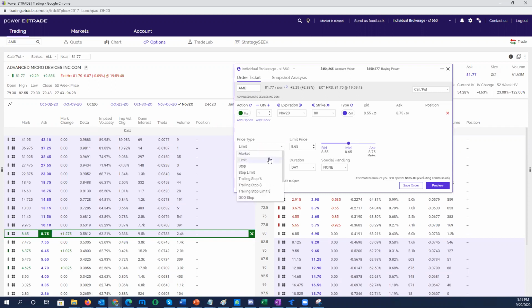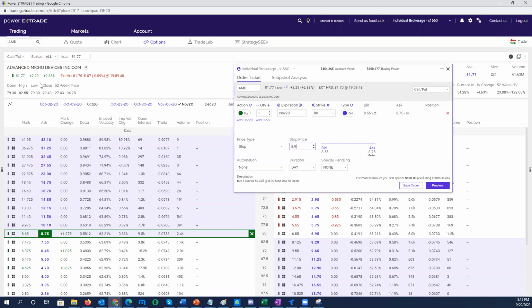Then suppose I know it's 81.7, and I'm expecting AMD is going to open at 82 or 83, and I want to buy this option at any cost. So the moment it opens, I can say stop, then I just put a stop price here. Suppose 8.9.